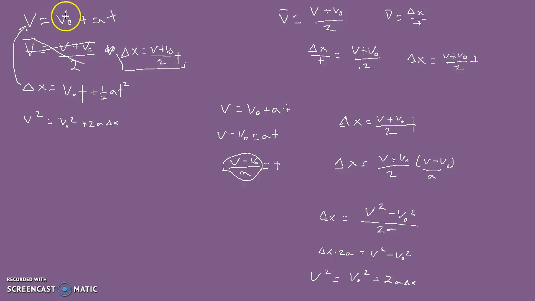Okay, and so here we have 1, 2, 3, 4 kinematics equations. The only other one that you're going to see that I don't really ever use, but you could use if you wanted to, is a variation of this one, in which instead of initial velocity, it uses the final velocity, and then you subtract here.